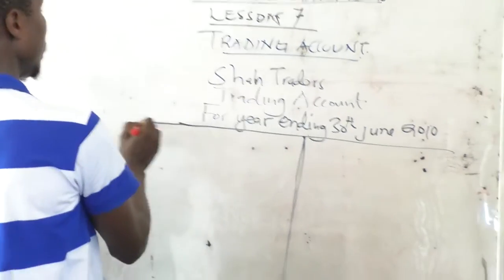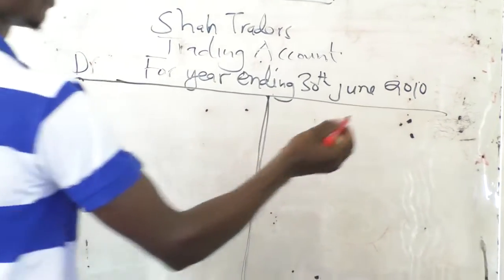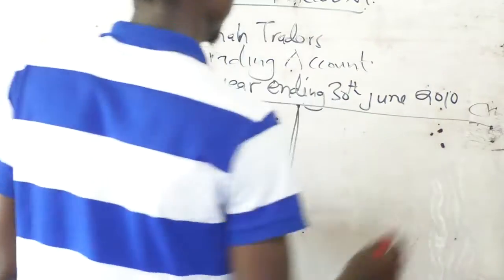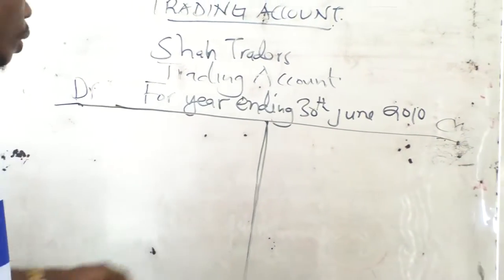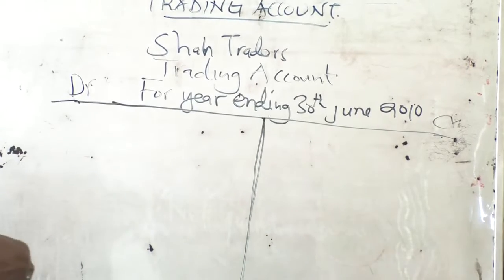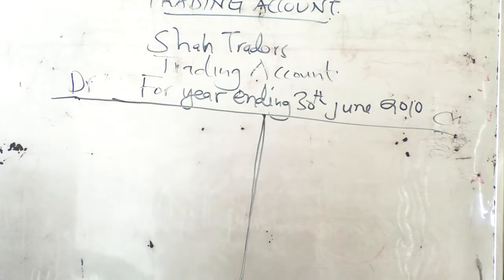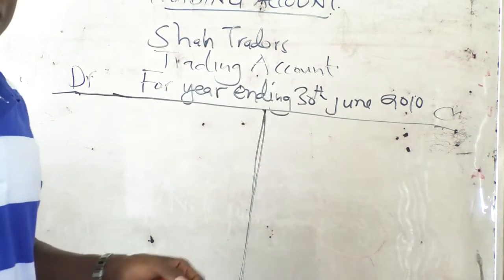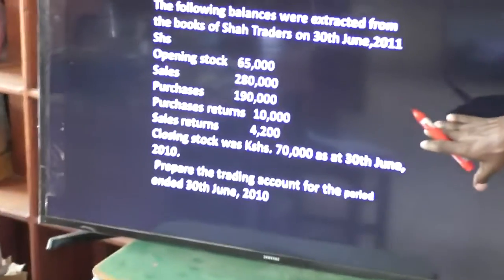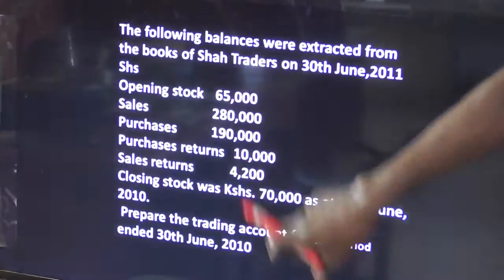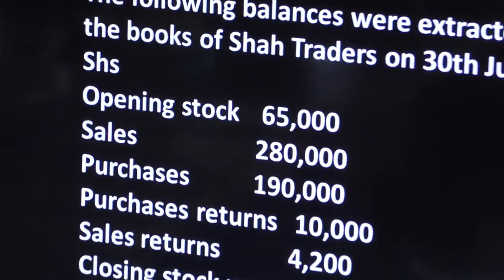Then you write CR. Here you start with the opening stock that you had. You can see we have been given opening stock of 65,000 shillings, so we start with this opening stock.